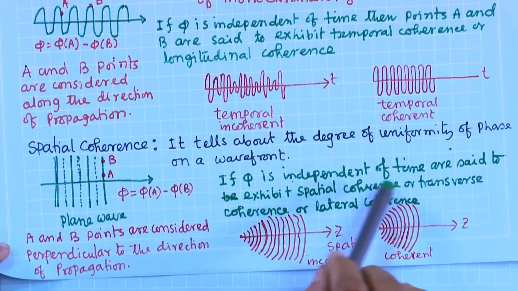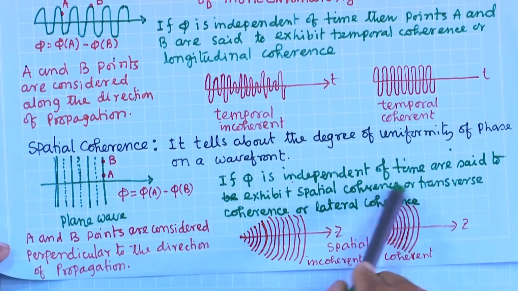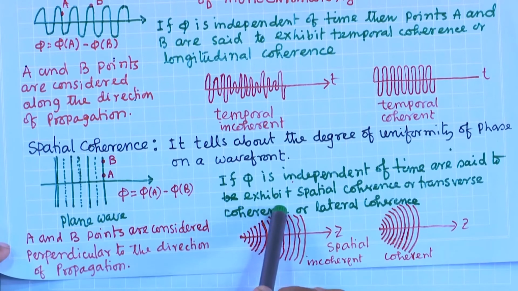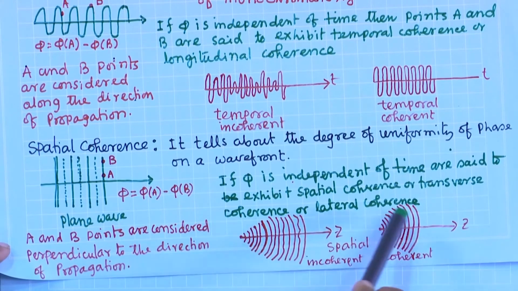If this phi is independent of time, then it is said to exhibit spatial coherence, or transverse coherence, or lateral coherence.